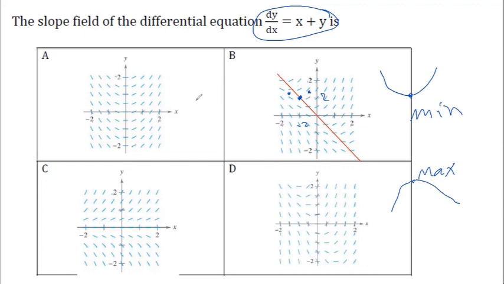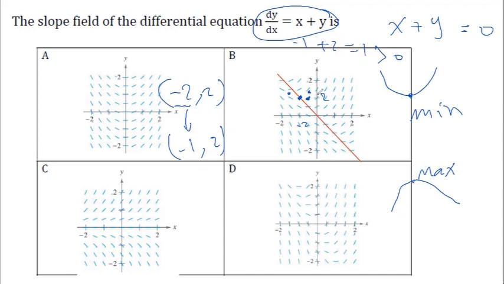Pick any point like negative 2 and 2, since it satisfies the equation of the line you're given, x plus y equals 0. Now, if you pick a point to the right, you change the x, negative 1, and keep the y: negative 1 and 2. When you substitute negative 1 and 2, you get a positive value, so the slope is positive after.